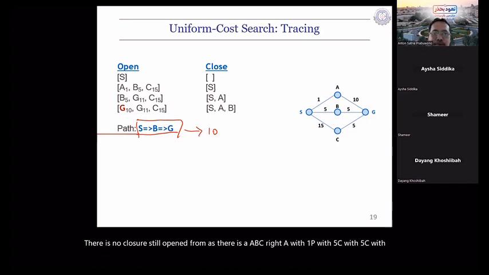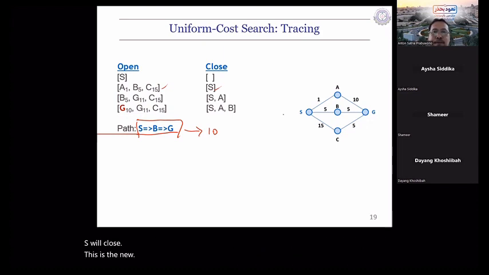So S will close. This is the new open. Then from that, A, B, C, then there is G, G10, and then G11, then C15.